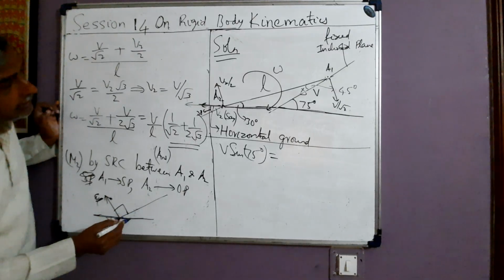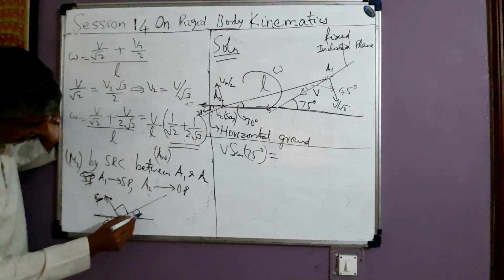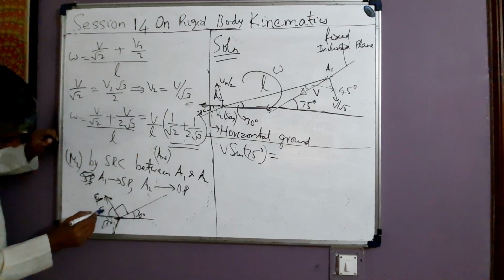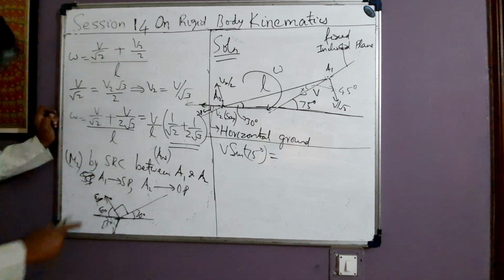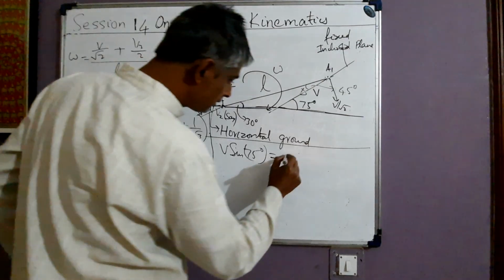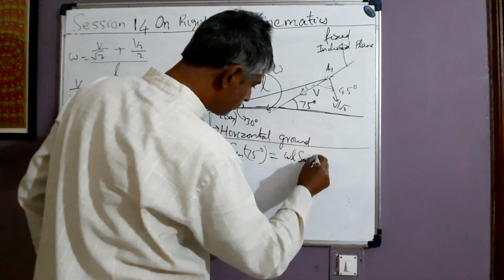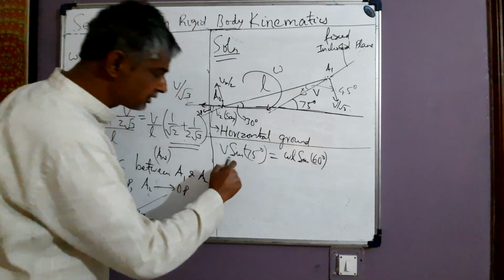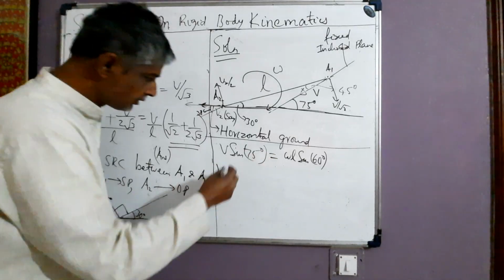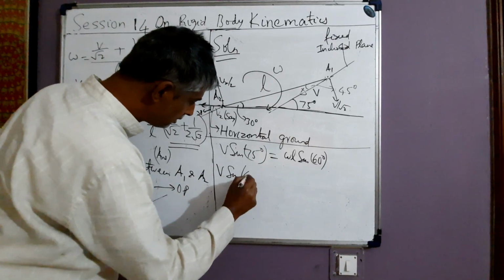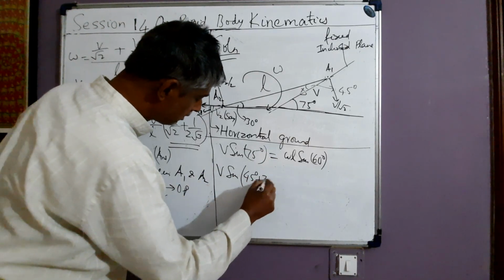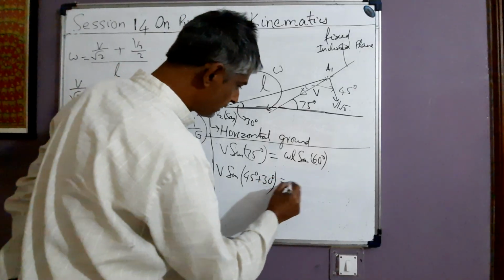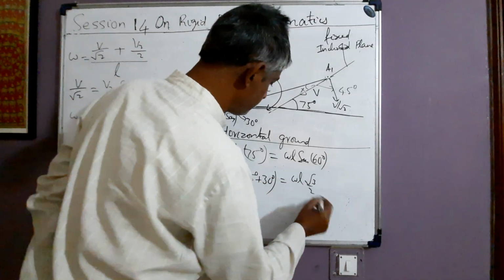Now how much is this angle? This angle is 30 degrees. This is 90 degrees. So this becomes 60 degrees by geometry. So it equals omega L sin 60 degrees. Now this I break as 45 plus 30. It becomes omega L root 3 by 2.